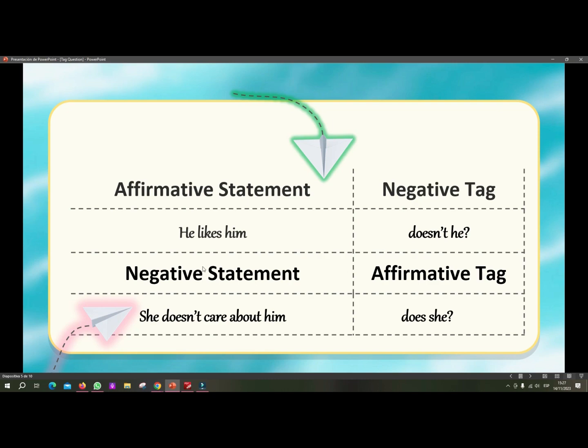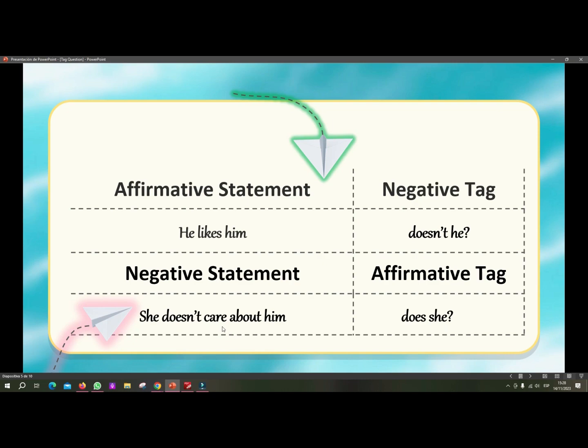But what about if you have a negative statement or a negative sentence? She doesn't care about him. This is a negative sentence, so the question tag is going to be affirmative. In this case, you're going to use first the auxiliary in affirmative, because it's does, and also the subject, she.